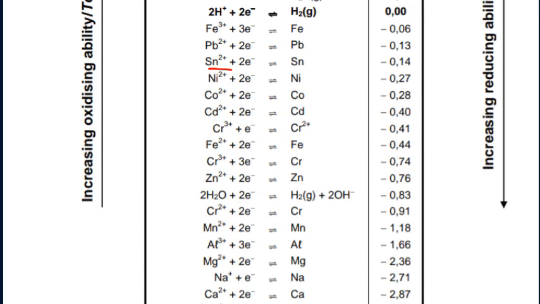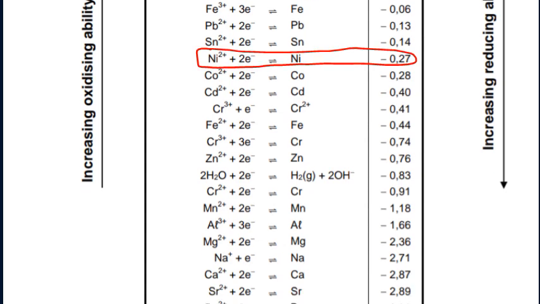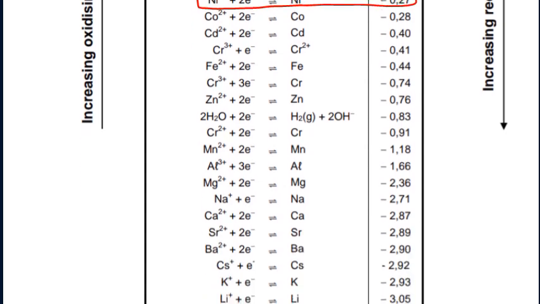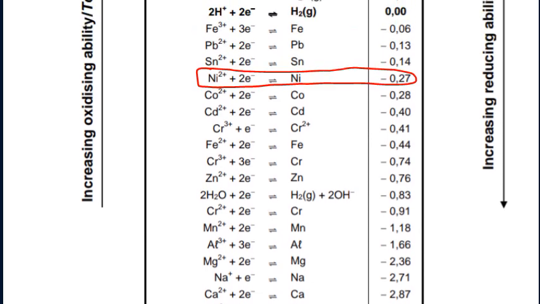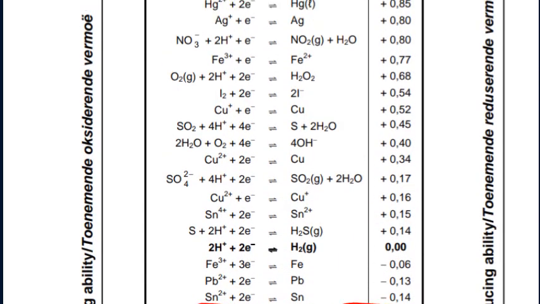So there is nickel, and we need to compare it with silver. If we look for silver quickly, silver is not below hydrogen, so we have to look above. Oh, there it is. So there's silver.